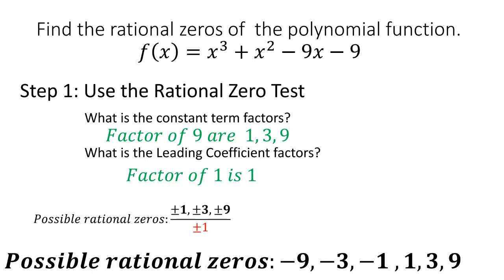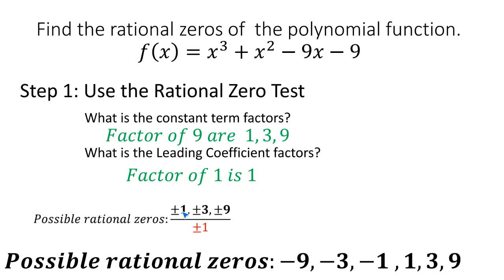Okay, so let's try the next one. It's similar to the one before. Find the rational zeros, but this is a cubic function. So you can try to factor by grouping. That would be one way to do it. And then another way is to use the rational zero test, where you take the constant, which is 9, find the factors, which are 1, 3, and 9, and then the factors of the leading coefficient is 1.